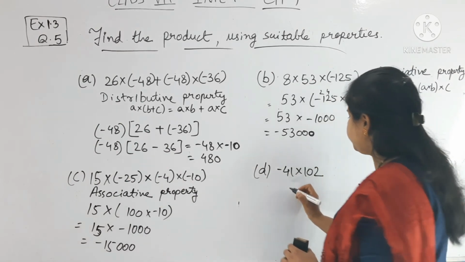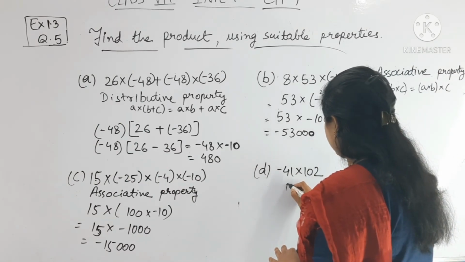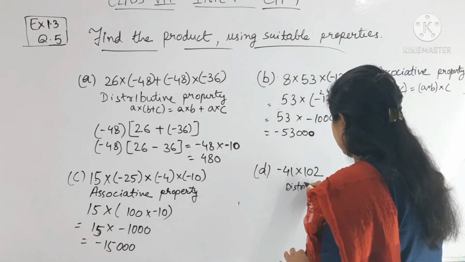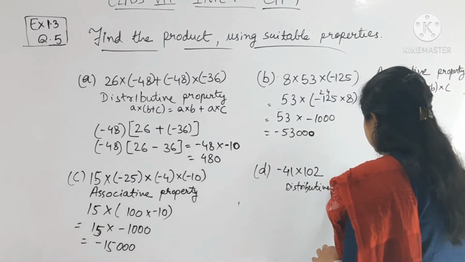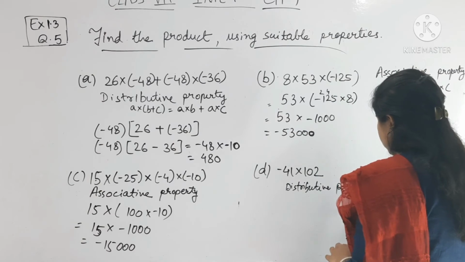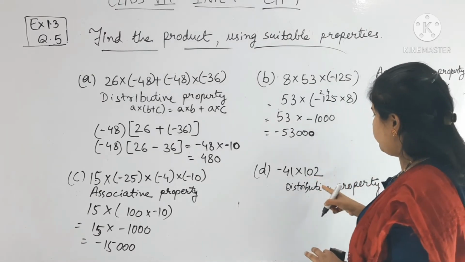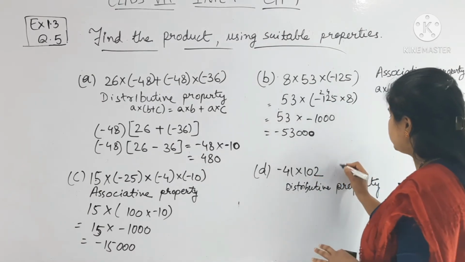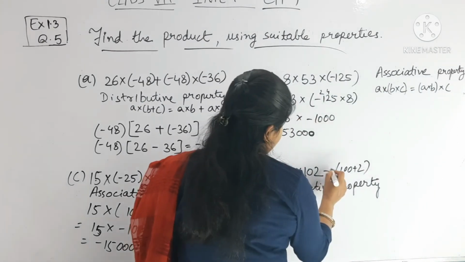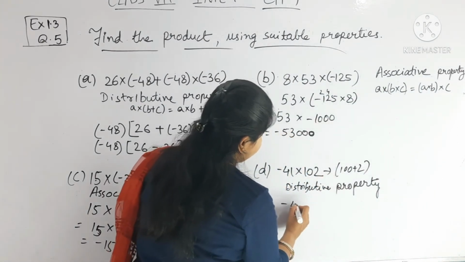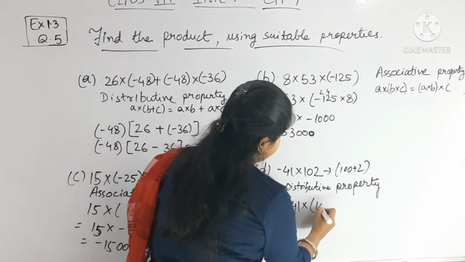Now here I am using distributive property. Okay, 102, we can expand this 102, that is 100 plus 2. So I can write here minus 41 into 100 plus 2.